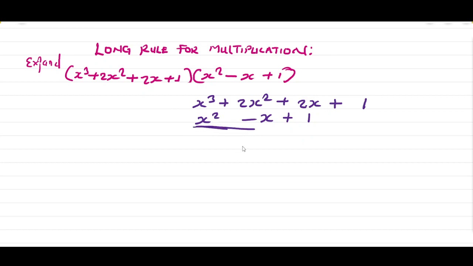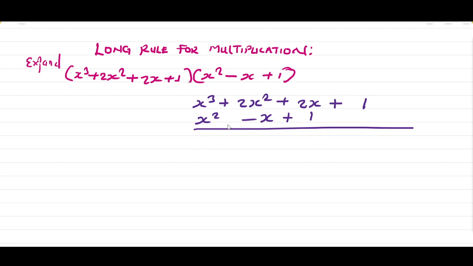After the line has been ruled, we start multiplying.